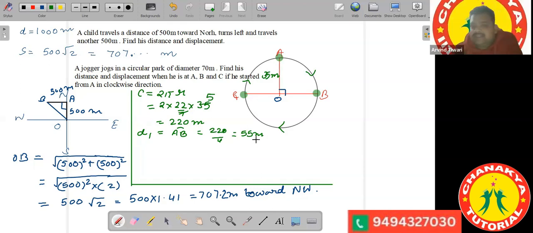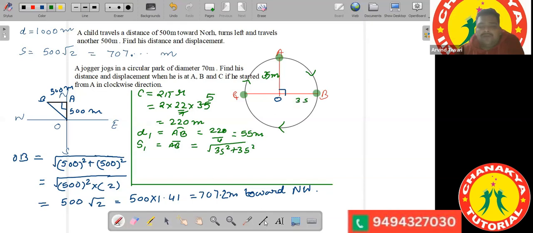So your distance is 55 meter, and then we get your first displacement. This displacement will be equal to the length of the hypotenuse, the line segment AB. So this is equal to the square root of 35 squared plus 35 squared. Any doubts? Since OA is 35, OB is also 35.